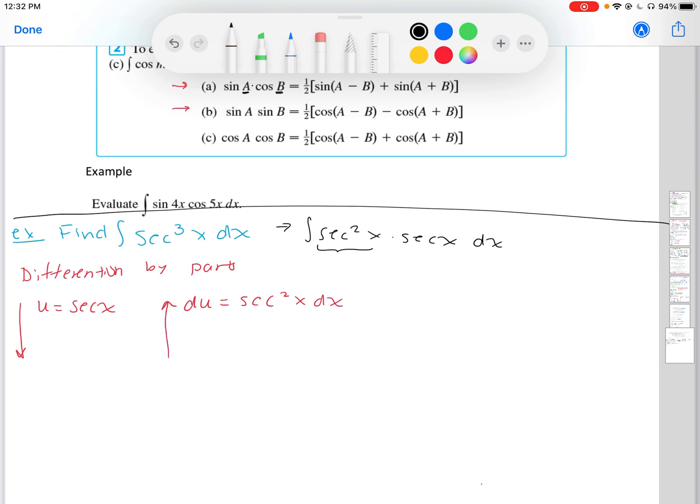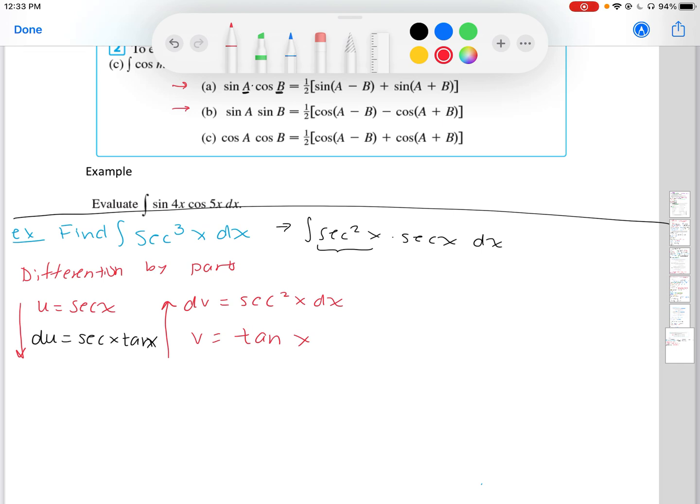So we have du is equal to secant times tangent, and our dv, so that our v is now our integral, which is just tangent of x.